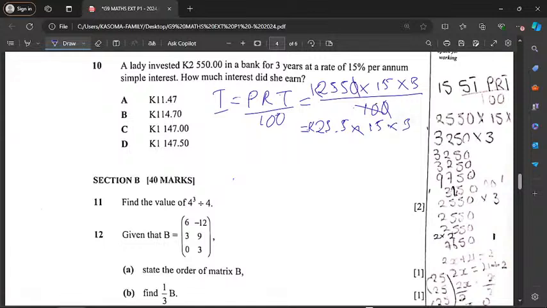Then here 10 is gone because we have used it to divide here, so we remain with that. Okay, to simplify the calculations, I want to deal with the decimal point once, so I'll say is equal to 25.5 times, then we multiply 15 by 3 will give us 45, then 45 times 25.5.